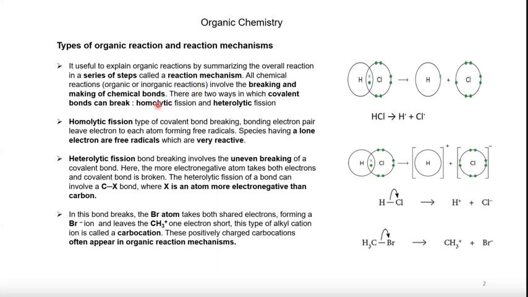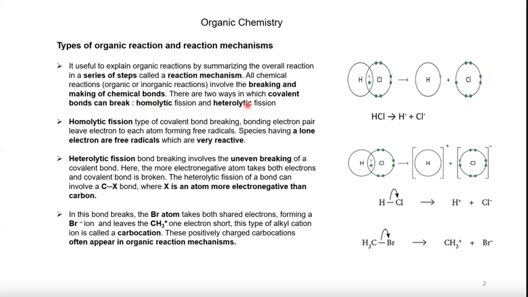And we will see how these covalent bonds can be broken and can also be formed. So there are two types of fission by which we break the covalent bond: homolytic and heterolytic fission.